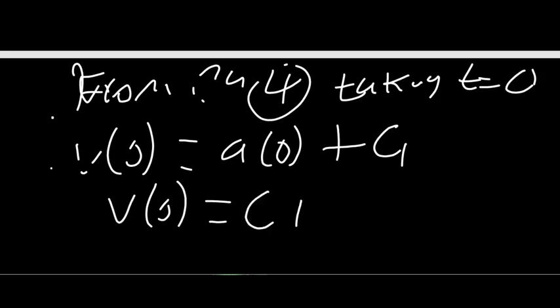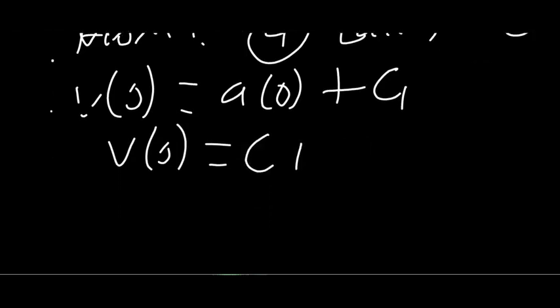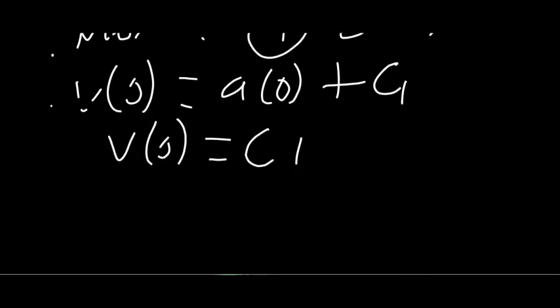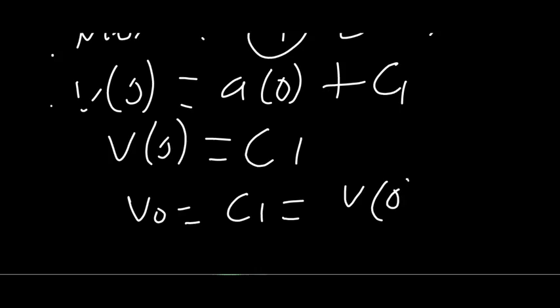So v is equal to c1, but taking into consideration that at t equal to 0 we have initial velocity, you can see v naught is equal to c1.